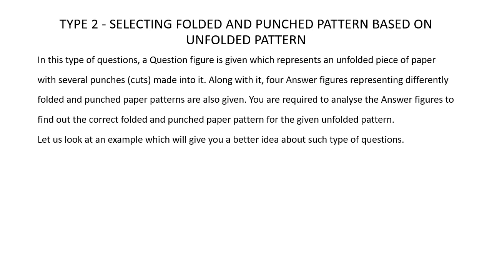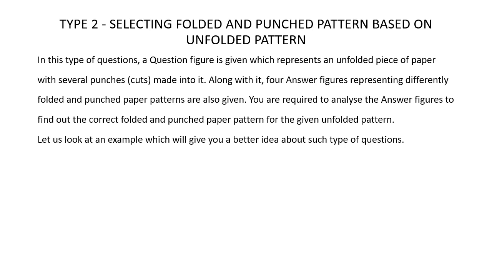Let's now understand more about type 2 questions, which is selecting folded and punched pattern based on the unfolded pattern. In this type of questions, a question figure is given which represents an unfolded piece of paper with several punches or cuts made into it.